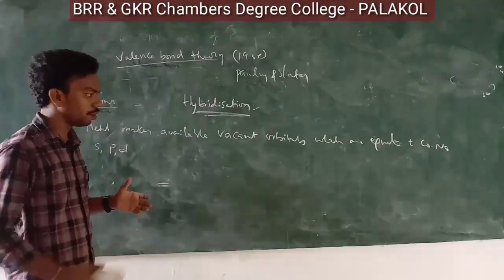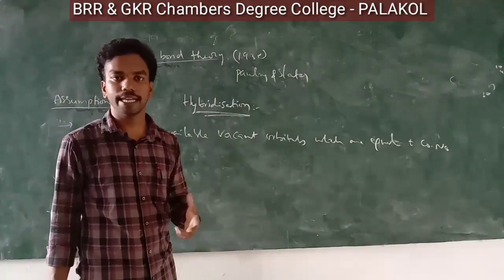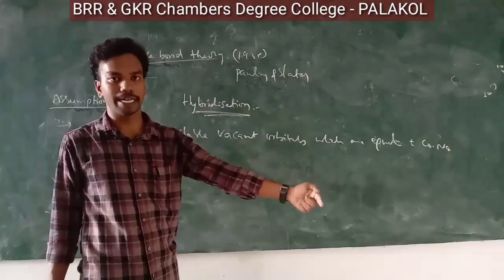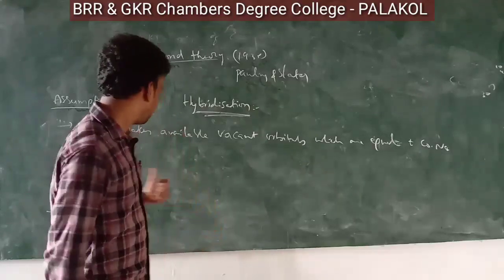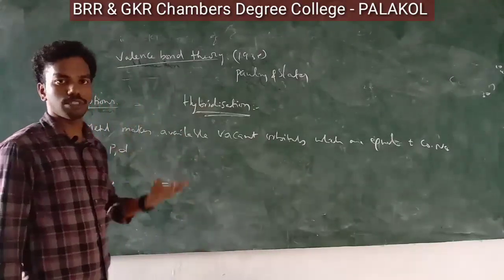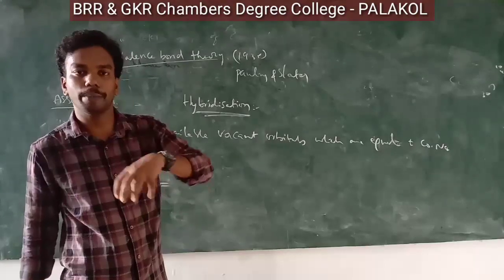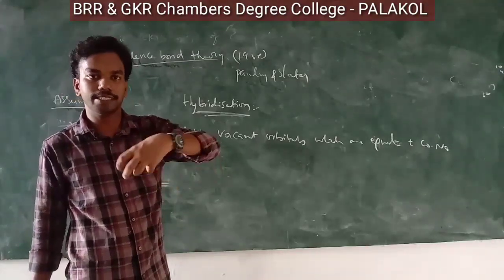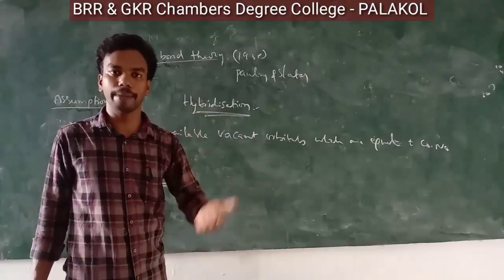For example, if we have six ligands, they donate six lone pairs of electrons to the central metal atom. That means the metal should have six vacant orbitals: one s orbital, three p orbitals, and two d orbitals, total six. These six vacant orbitals mix together and form new orbitals called hybrid orbitals.